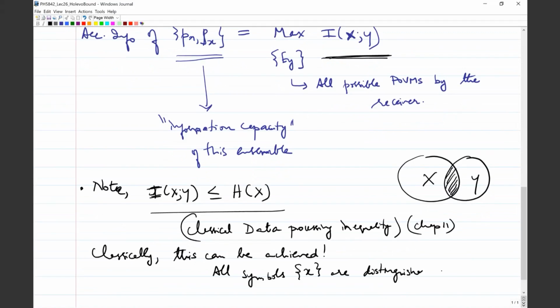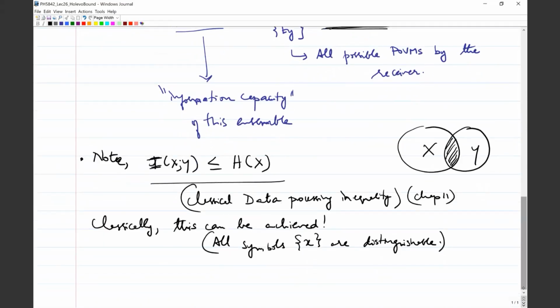Right? So this is the maximum that this can be, even if I use quantum states finally, right? But now the question is, what is an upper bound on this as far as quantum states are concerned, right? And that is the question that is answered by the Holevo bound.